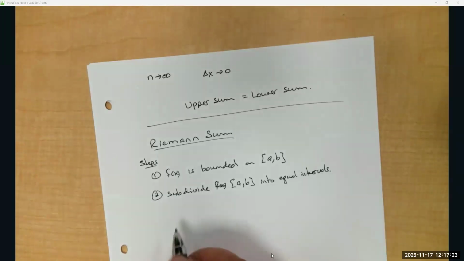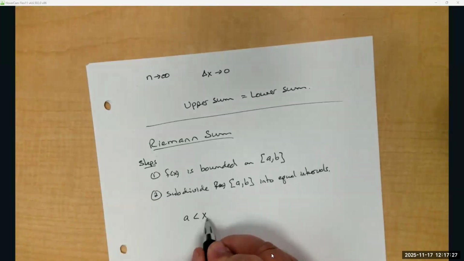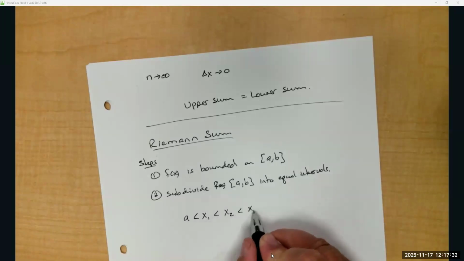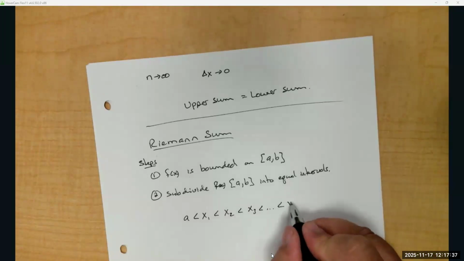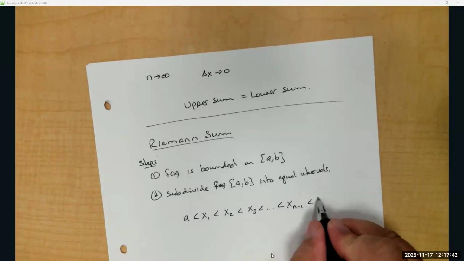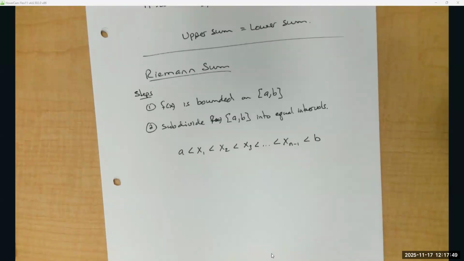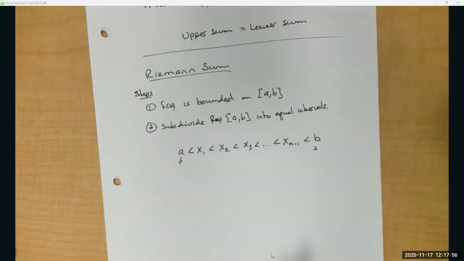So what's happening here is this. Remember, it has to be within A and B. So A has to be less than the first interval, the second x, the third x. Because what do A and B equal in this whole thing?